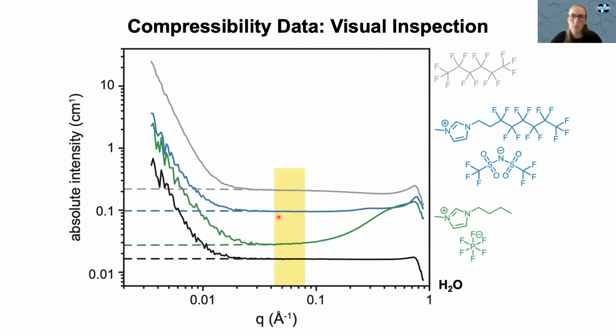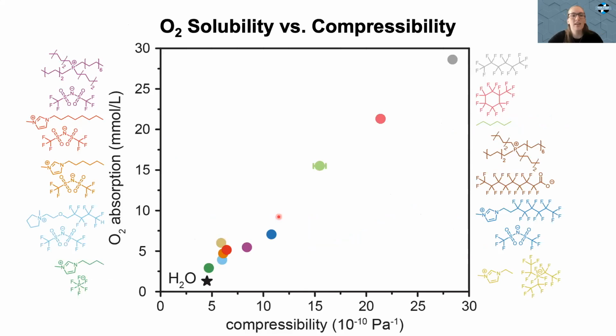So what does this mean when we look at all of our data together? Now I'm plotting oxygen absorption as a function of compressibility, and you can see we have a pretty nice trend. Systems like water and this green ionic liquid have very low oxygen solubility as well as low compressibility, whereas liquids like perfluorohexane have very high values.